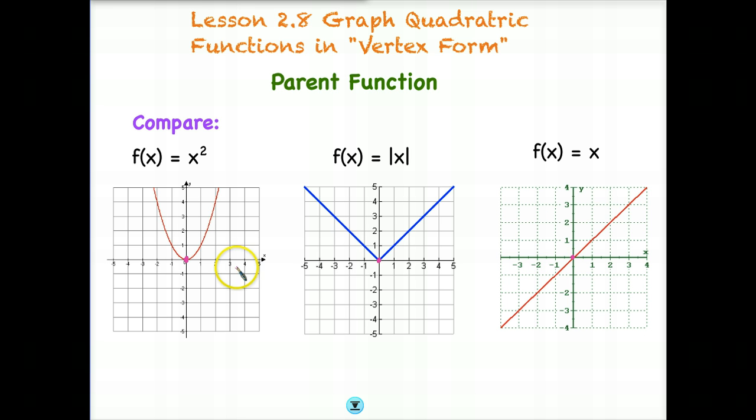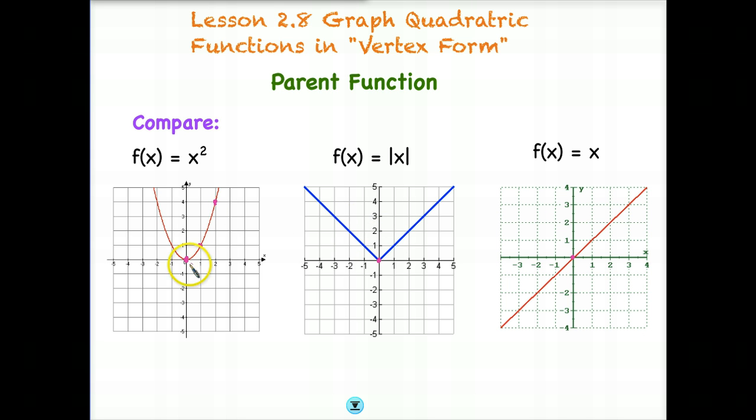So if we compare the absolute value function to the quadratic function, they look very similar, with the exception of the fact that the absolute value function has linear legs. Right? The slope is up 1 over 1, up 1 over 1. Whereas this quadratic does not have linear legs. It does go up 1 over 1 for the first point, but then our next point goes up 1, 2, 3 over 1.